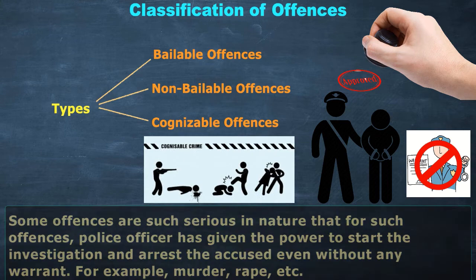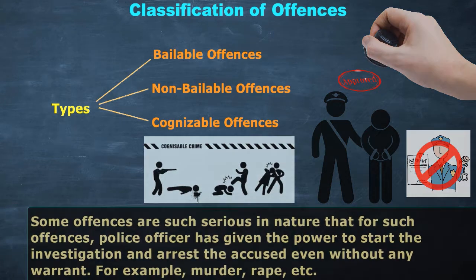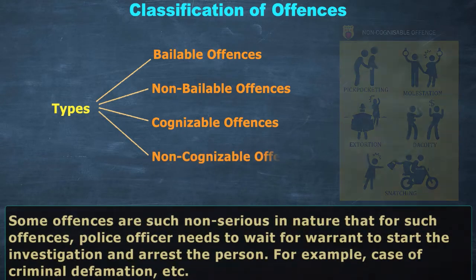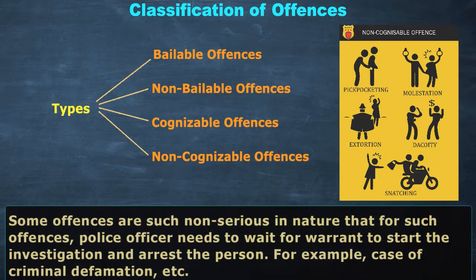For example, murder, rape, etc. Next one is non-cognizable offenses. Some offenses are so non-serious in nature that for such offenses, a police officer needs to wait for a warrant to start the investigation and arrest the person. For example, a case of criminal defamation.